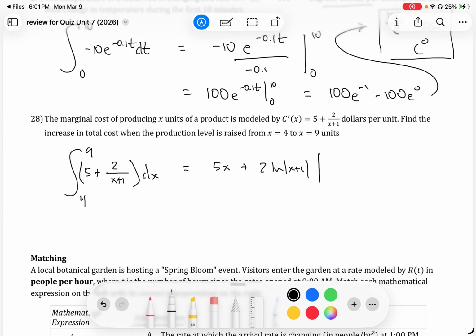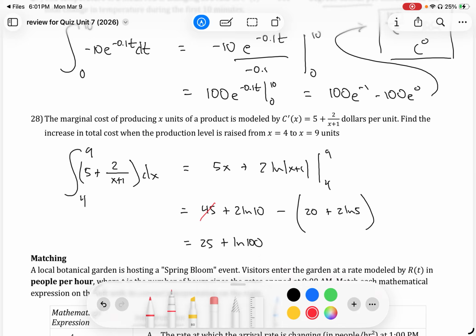Now I'm going to evaluate that between 4 and 9. So I'm going to get 5 times 9, which is 45, plus 2 ln 10, minus 5 times 4, 20, plus 2 ln 5. That's going to be 25 plus ln of 100, because I'll make that ln 10 squared.